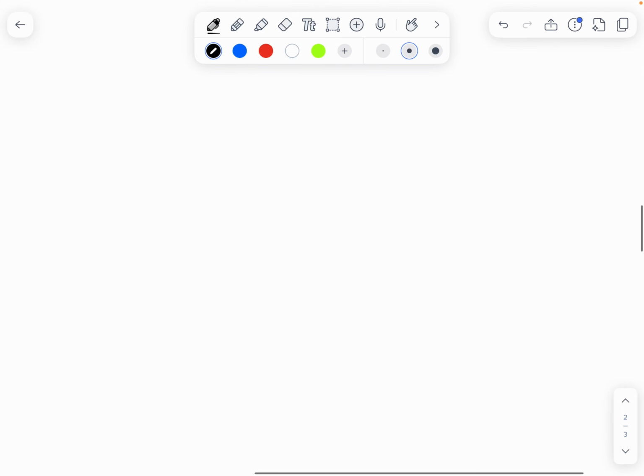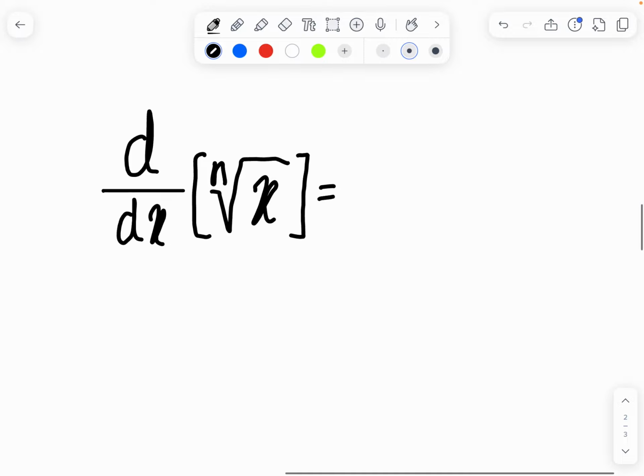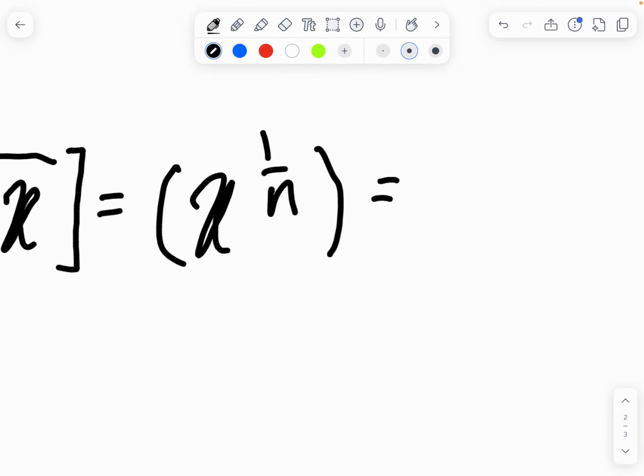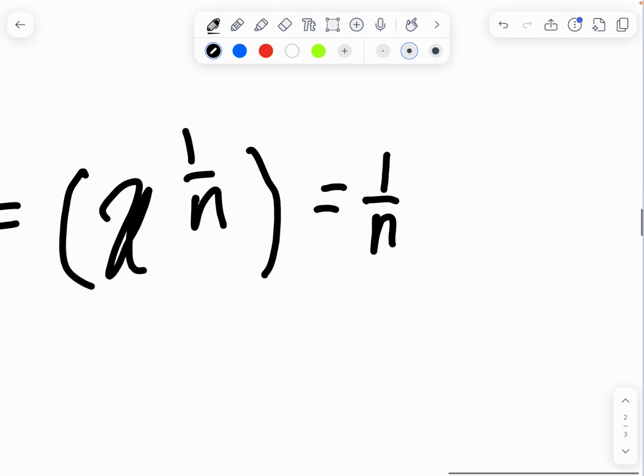Let me show you the formula first. d over dx of the nth root of x equals x to the power of 1 over n, which equals 1 over n times x to the power of 1 over n minus 1.